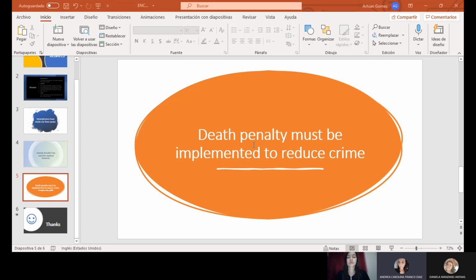Because if someone who plans to abuse a child knows that he could die for that reason, I think they would think twice and maybe regret that horrible decision. So the death penalty should be implemented in those two specific cases, child abuse and murder. That is my opinion.